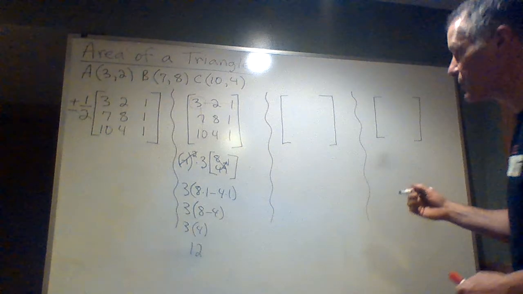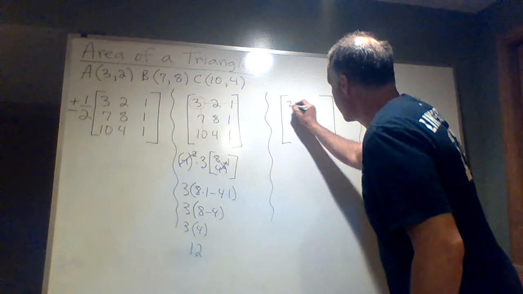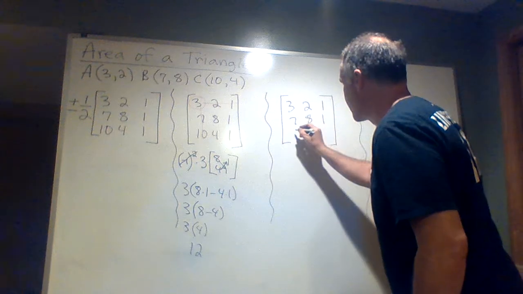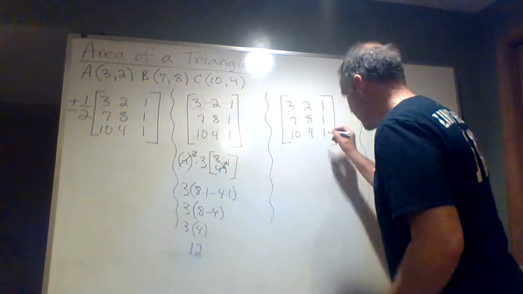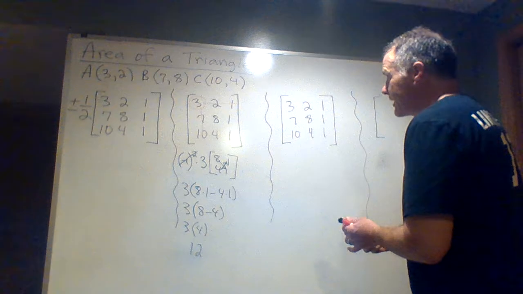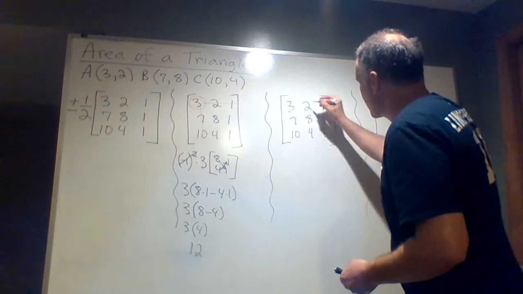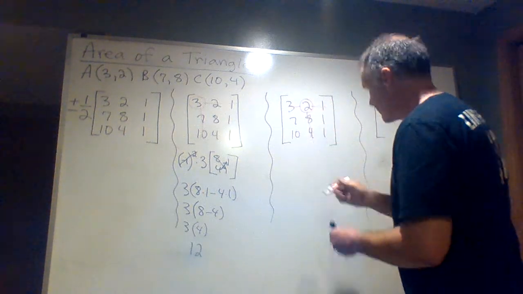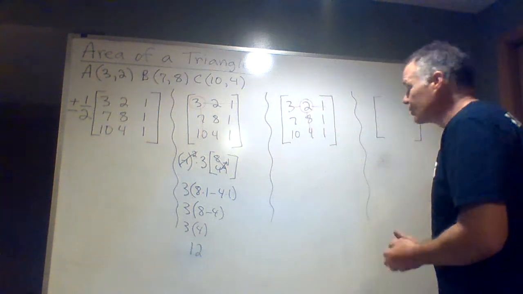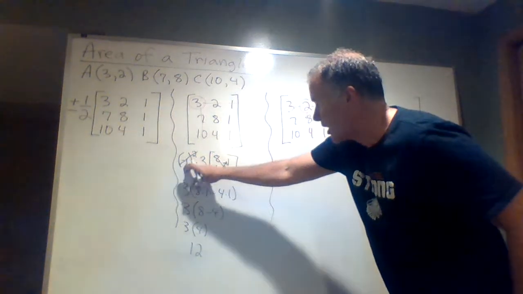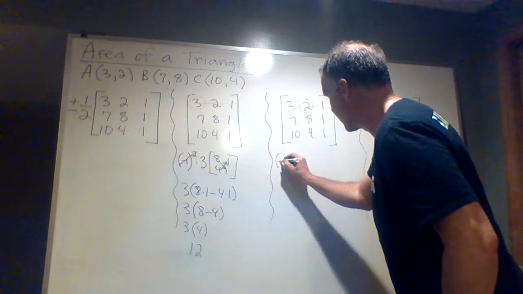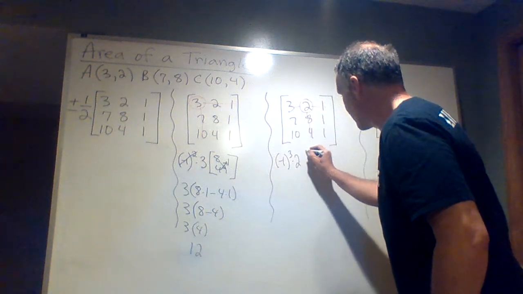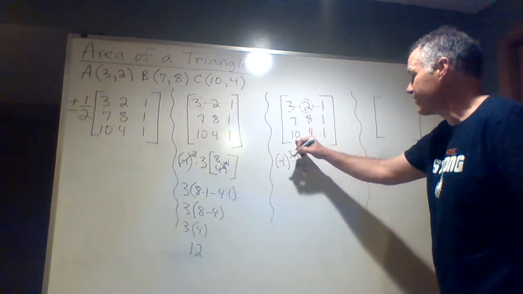Okay, now we're just going to keep going. 3, 2, 1, 7, 8, 1, 10, 4, 1. And again, now we're going to circle that second number on the top, cross out the row and the column next to that 2. Now remember, instead of -1 squared, now this one is -1 cubed. That times that 2 in front, and then the determinant of the numbers that aren't crossed out.